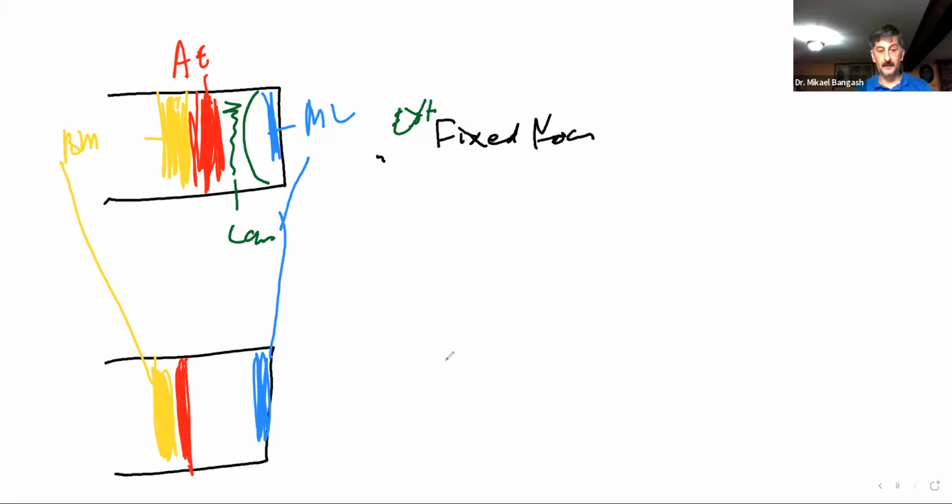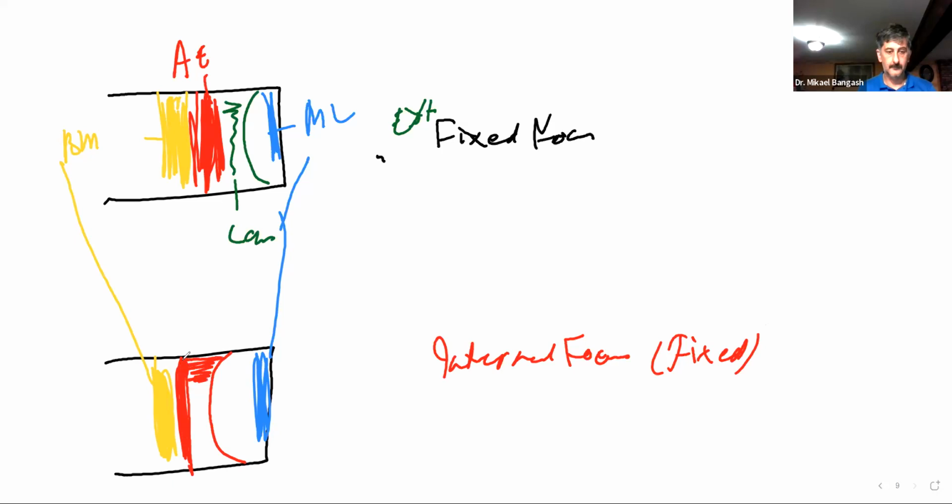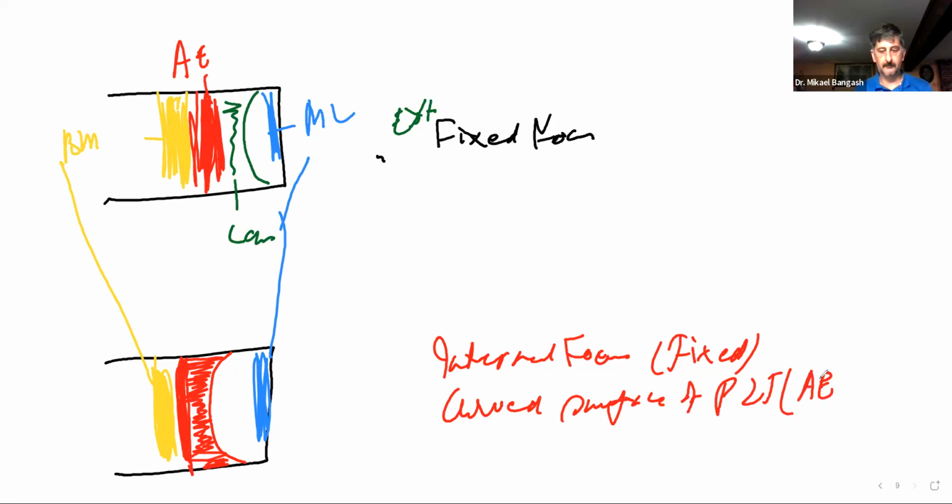But when we say internal focus, which is going to be fixed, what we actually have in this kind of setting is the curved surface of the PZT itself, or what we call the active element.